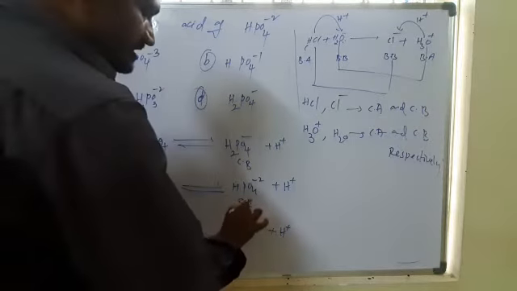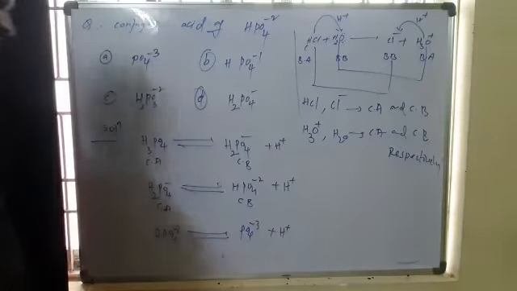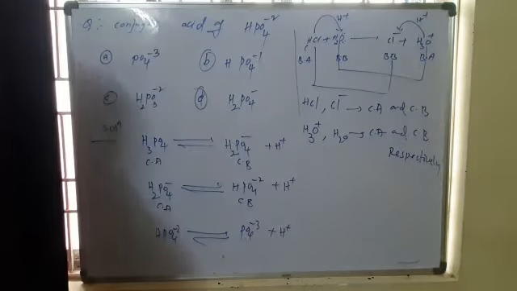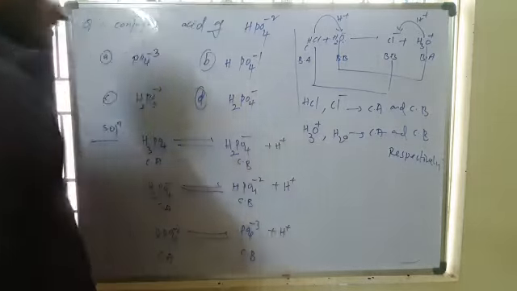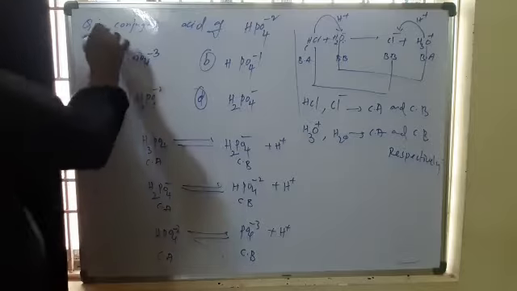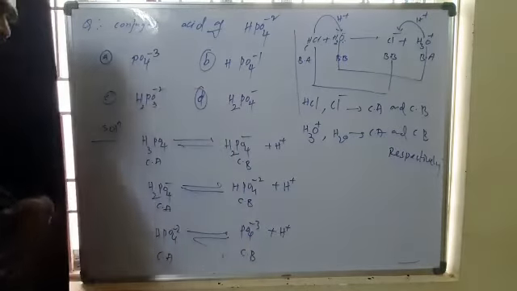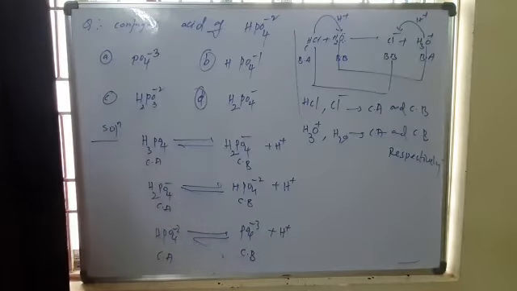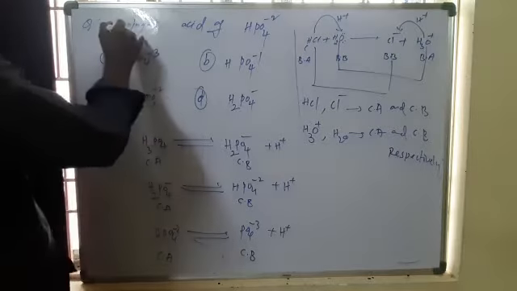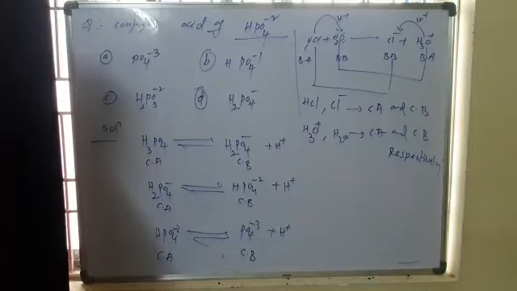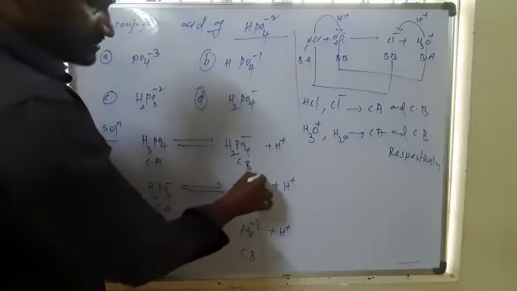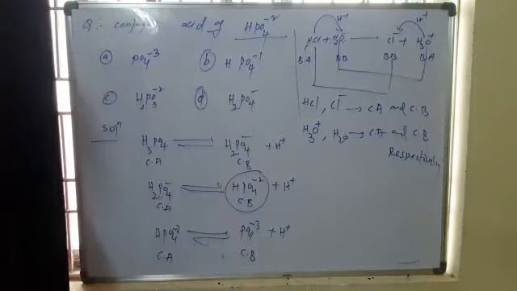The same holds for the last pair. So H3PO4 gives three types of conjugate acid-base pairs. Here the question is the conjugate acid of HPO4 minus 2.